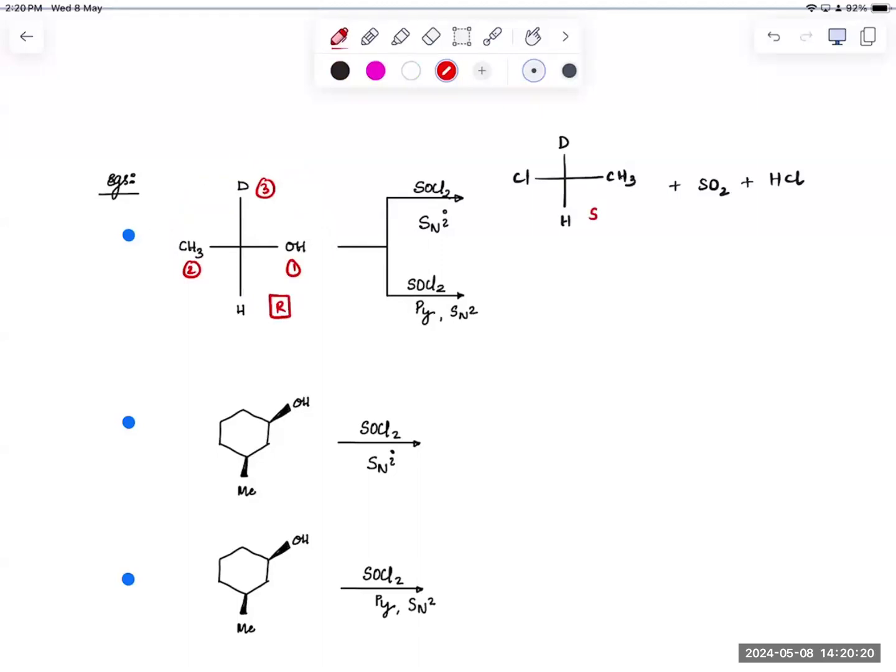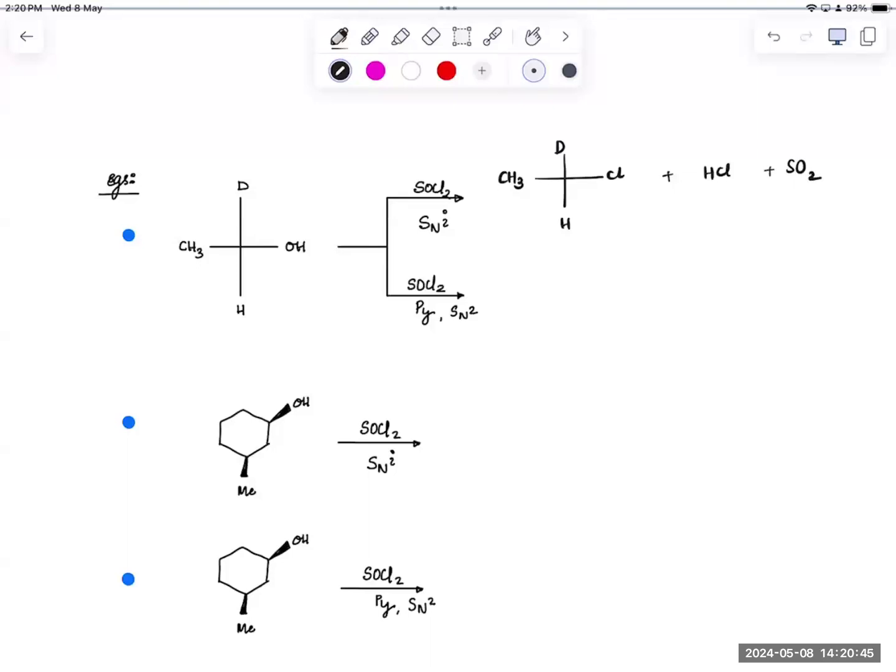Sorry, my mistake, I wrote it wrong here. SNi means retention, so I need to write it in retention form. So I have to write it as CH3, Cl, D, and H plus HCl plus SO2.